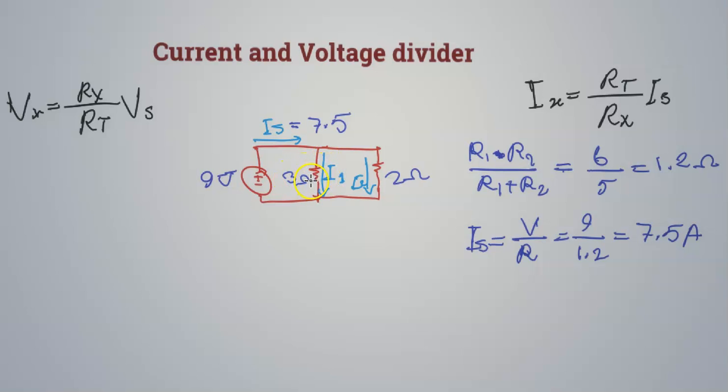And if we want to find the current for current 1 and current 2, we can use the equation and say I for 3 ohm equals the total resistance, which is 1.2, and the resistance of this branch is 3, multiplied by 7.5 and you get a value of 3.6 ampere.